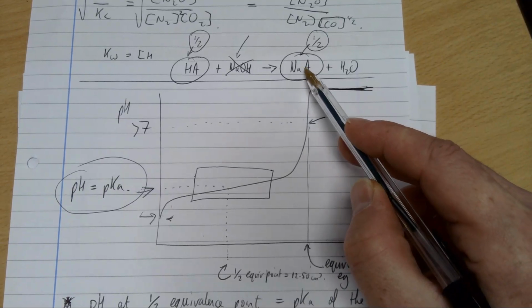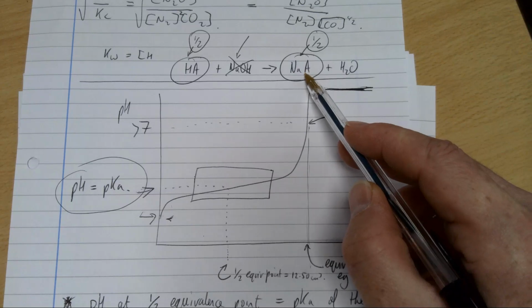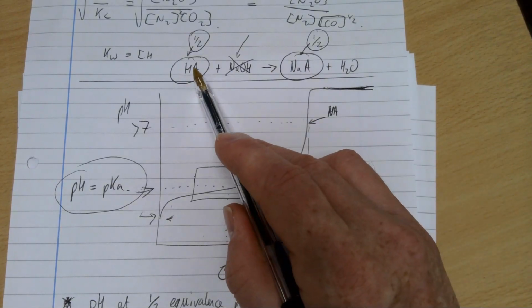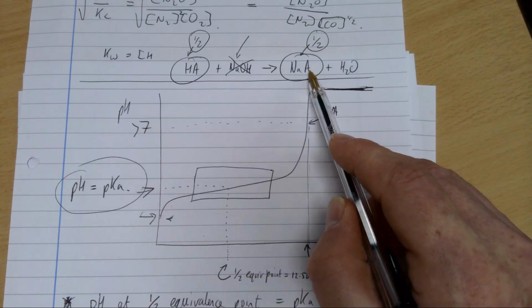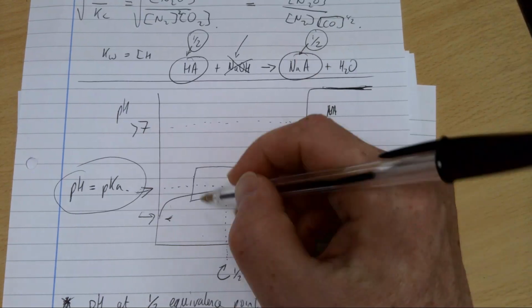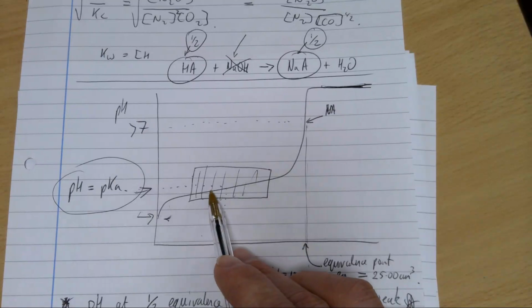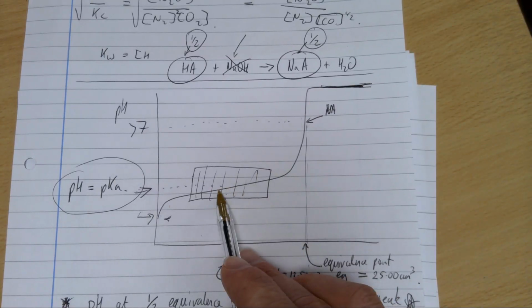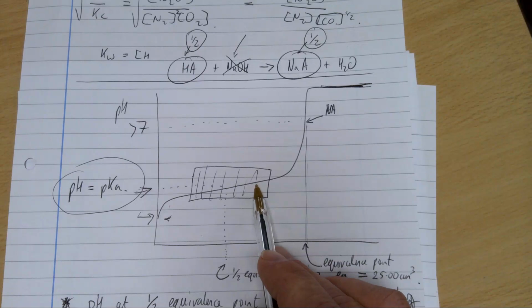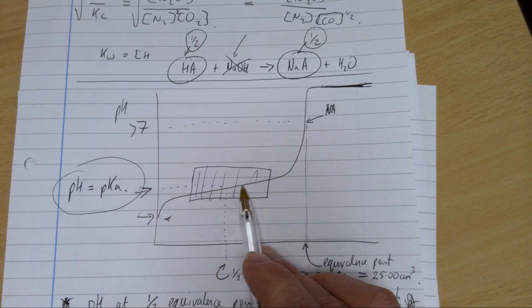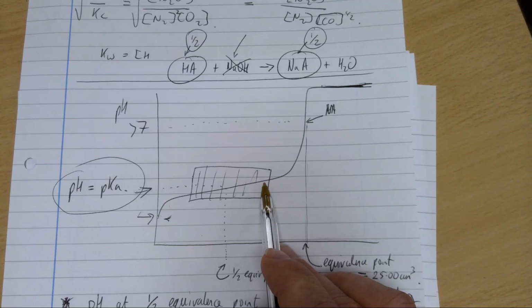Remember we said that an acid buffer is a mixture of HA and the salt of its conjugate base, which is exactly what we've got in that region, which is why when we add small amounts of alkali, the pH doesn't change very much, so it's behaving like a buffer. So that's why we've got that slow slope upwards.